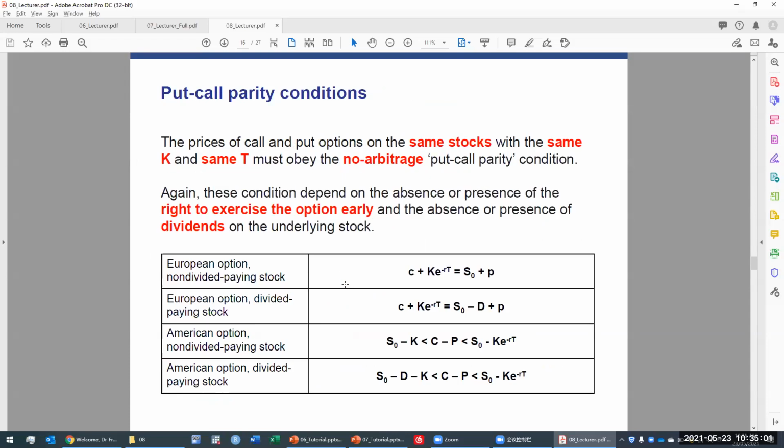Yes, the put-call parity. So the put-call parity here, I would say this is one of the most important formulas in real life, because people actually use a version of that to arbitrage away the price difference for the index options, which is why the S&P 500 index options are so heavily traded.